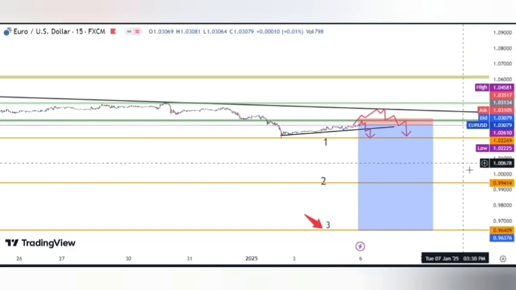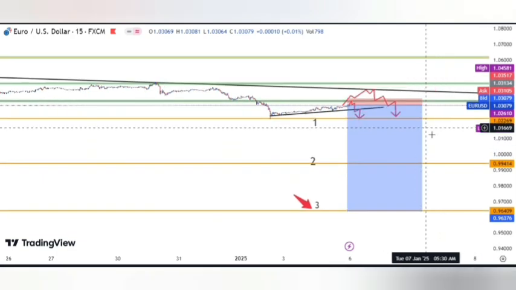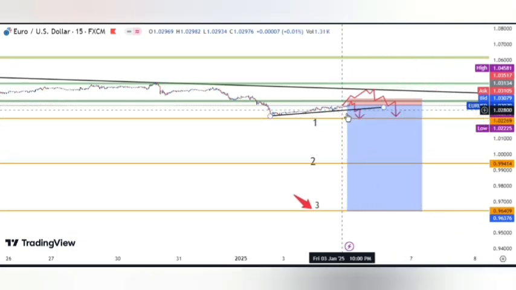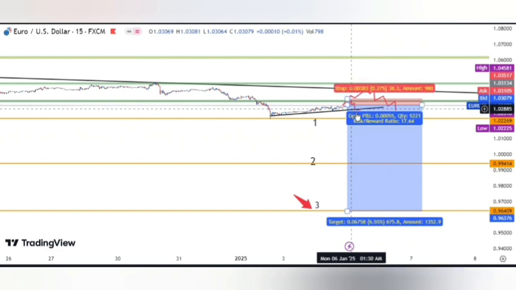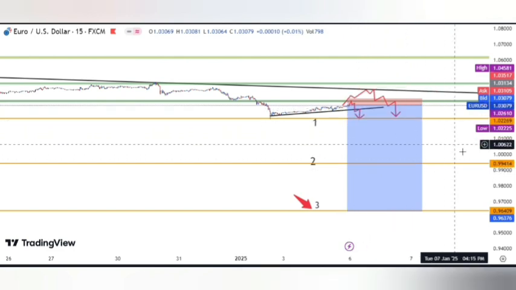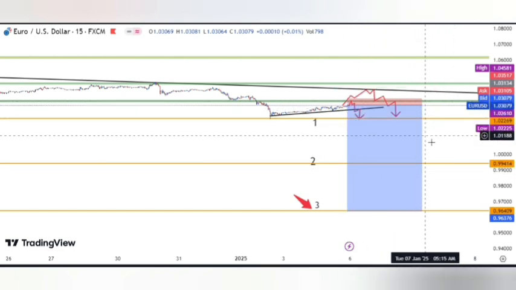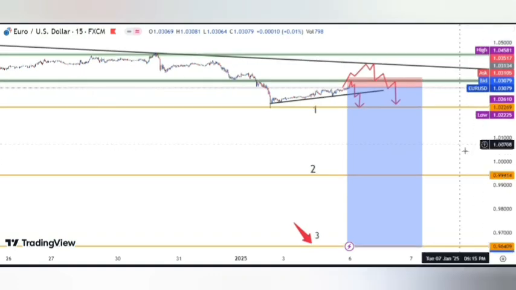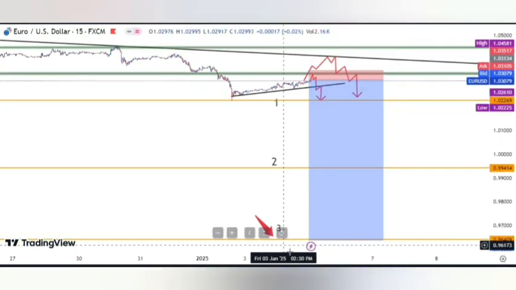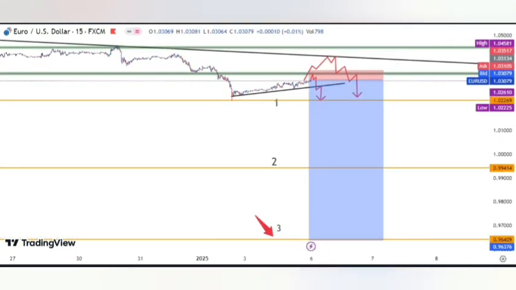When the price moves 1:1 risk to reward ratio, you always have to break even or move your stop loss into profit, and continue to trail that stop loss. Let me show you how you would trail your stop loss here. This is what you would do when you place your trade.